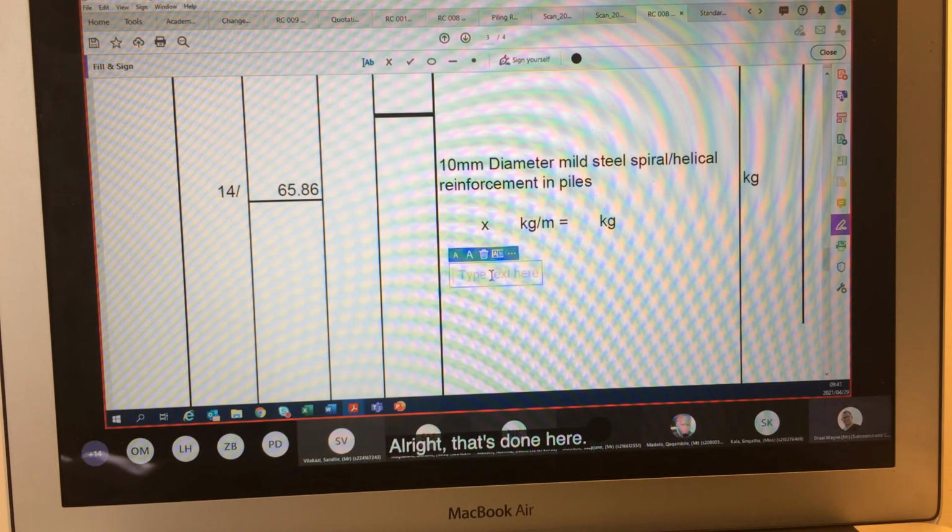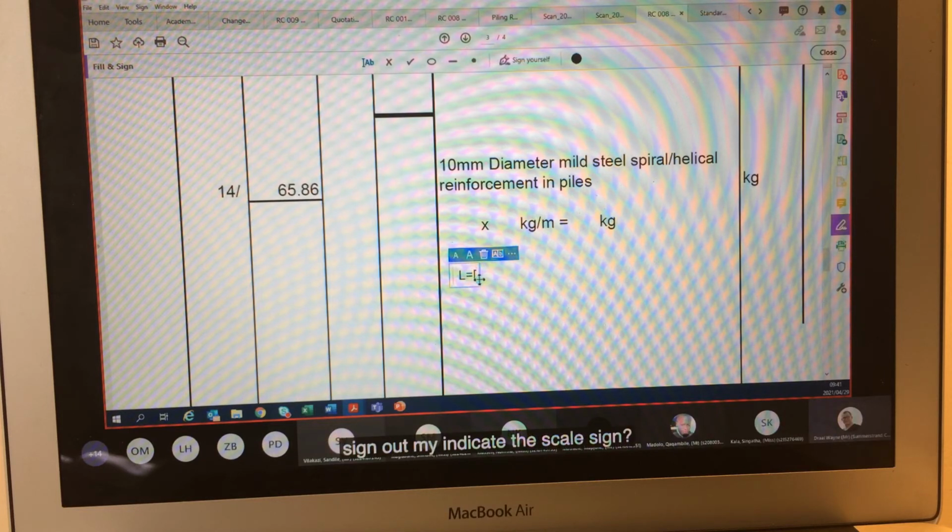I'll write that down here. It says that L, which is the length, is equal to, and now I need to find the square root. Where do I find the square root sign? How do I indicate the square root sign?